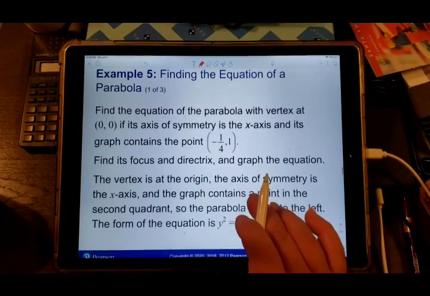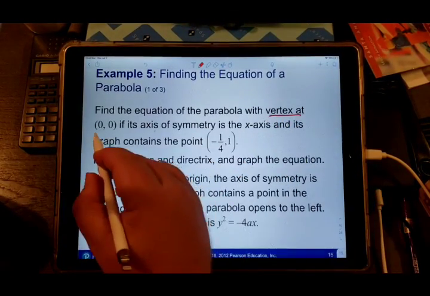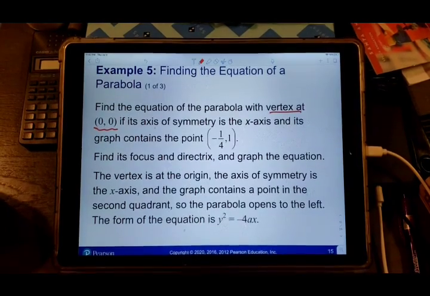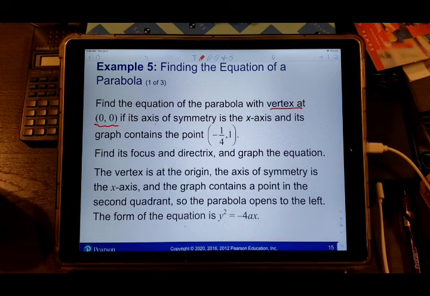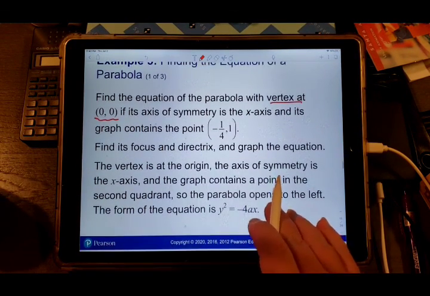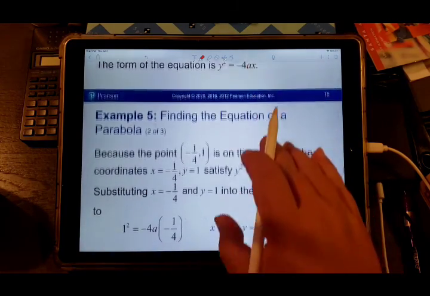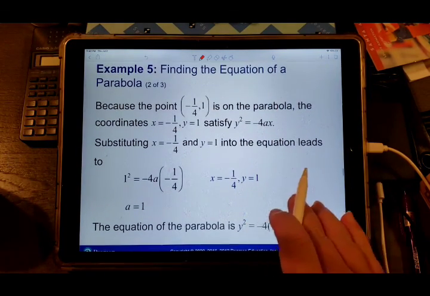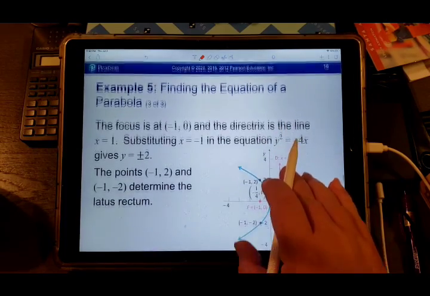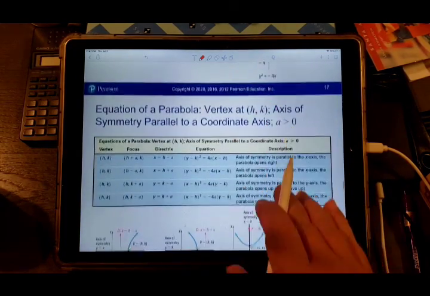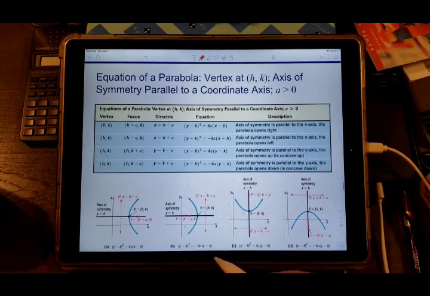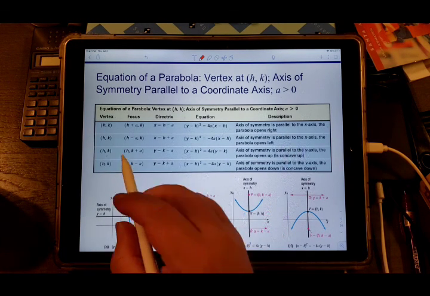What I was saying is, so far we've only talked about the vertex at 0, 0. And I kind of want to get off of that, so I'm going to flip through this one and get to one where there's an h, k. You shouldn't be terribly surprised about this.